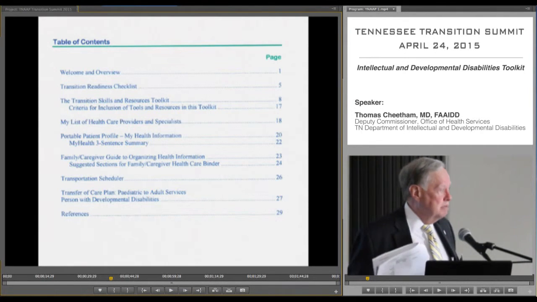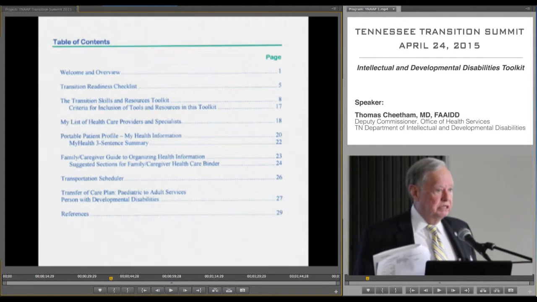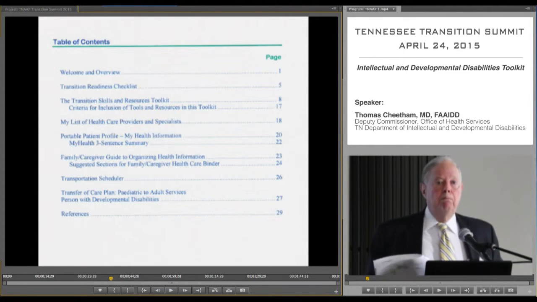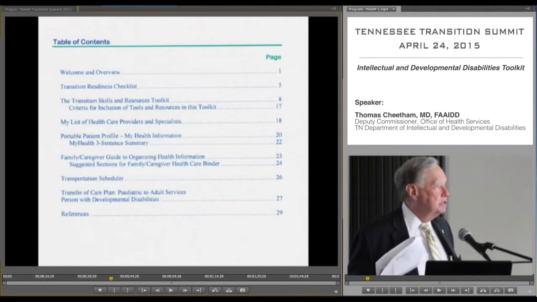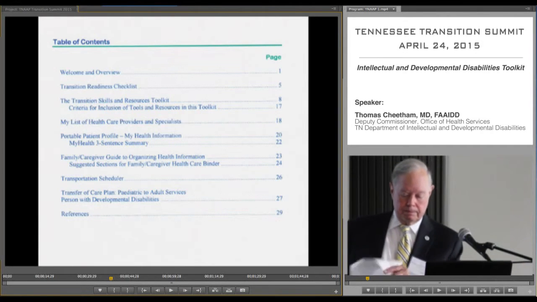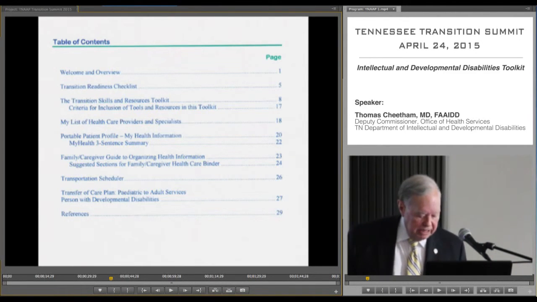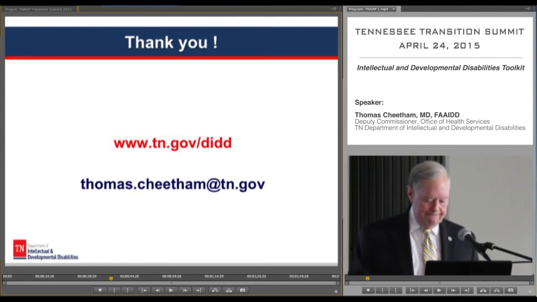You've got to be thinking about the Americans with Disabilities Act and other relevant pieces of legislation. But I wanted to include it so that you're aware of it and can at least have a glance at it to see if there's anything useful there for you. So this has been a whirlwind tour of the Toolkit.